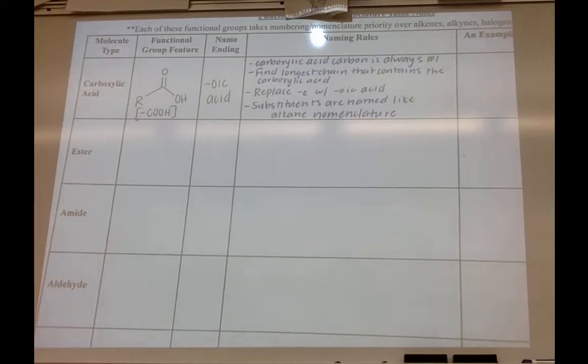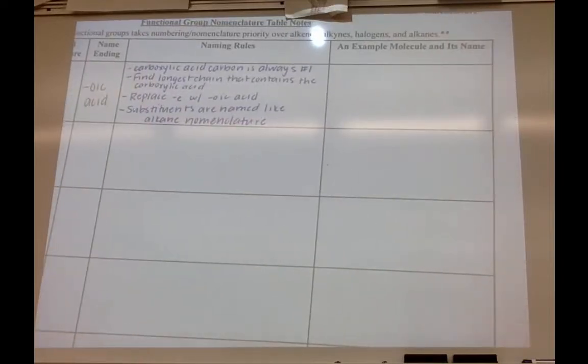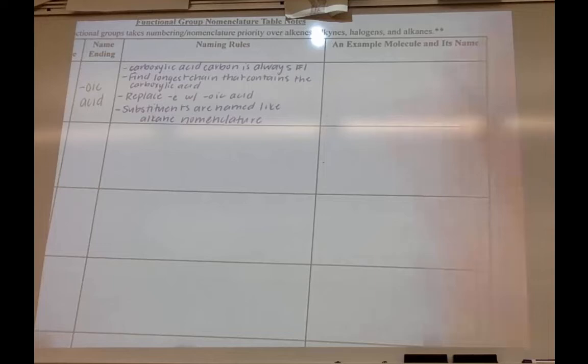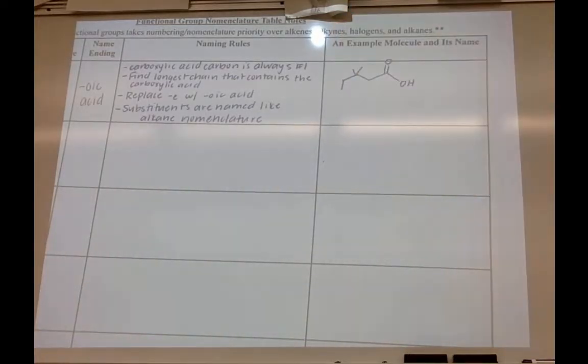So for the example molecule and its name, I just picked some random molecule for each one of these, but it just gives you an idea as to what it would look like. So I'm going to actually draw the structure itself. So let's say that it looks like this, OH, double bond O. And then let's add a couple methyl groups in here.